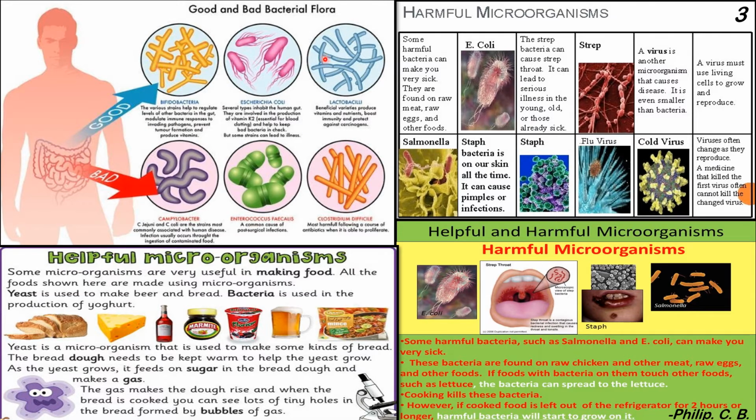The useful ones are good bacteria which help in the digestion process and in producing enzymes, whereas a bad one can cause stomach upset, food poisoning, etc. The useful or helpful microorganisms can help in the production of various foods, like yeast and bacteria in the production of bread, cheese, wine or curd or other food products or industrial use. Harmful ones, again you can see, can cause various diseases and disorders. So again this entire chart helps you understand the useful and harmful microorganisms.